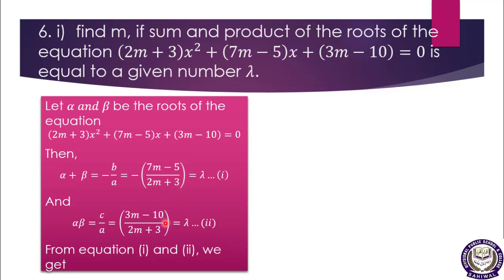Since these two equations are equal to lambda, we can say that these two expressions are also equal to each other. This is the transitive property: if a is equal to b and b is equal to c, then a and c are also equal.